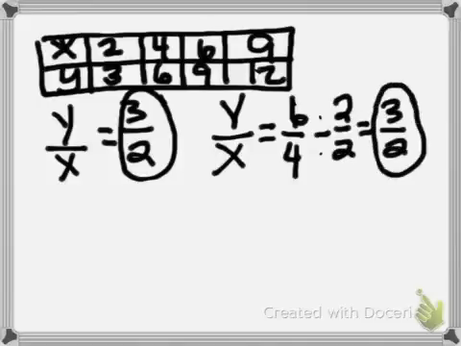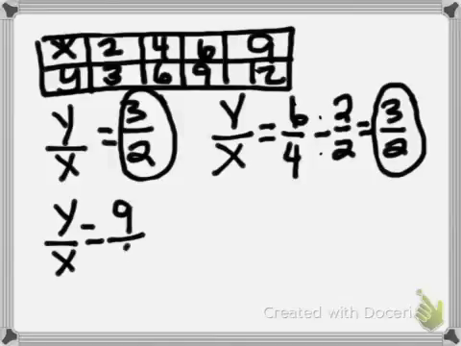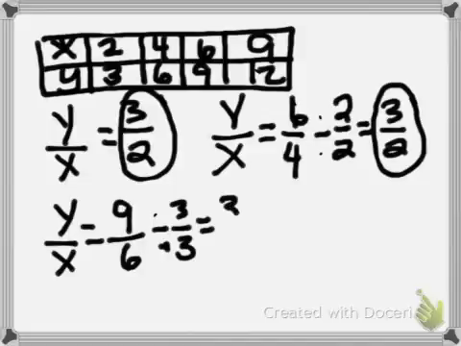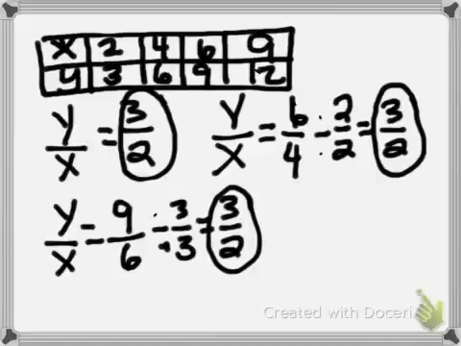So far, I'm forming the same ratio. Y over X, that's going to give me 9 over 6. They share the common factor of 3. And again, guys, you should notice I'm getting 3 over 2. If this last one forms the same ratio, then I know that this table represents a proportional relationship.